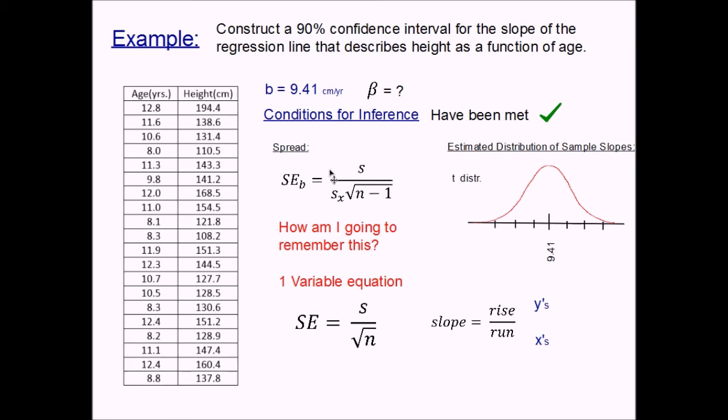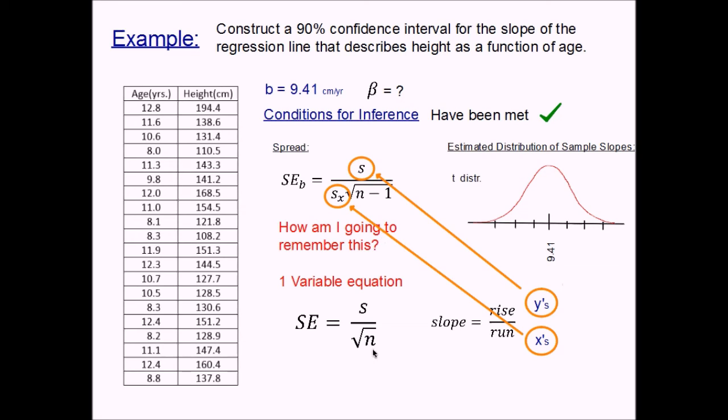So when we look at this standard error equation for slopes, right, standard error for b, which is slopes, then really this top s is our spread for the y's. That's a little bit more complicated, which I'll get into in a moment. And the sx is the spread for the x's, so it makes sense. We have rise over run, y's over x's.